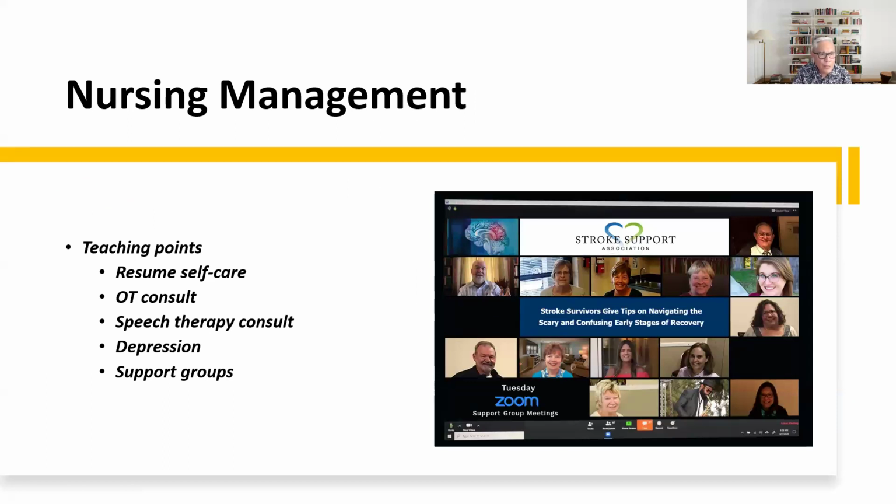So the last part is the teaching points that you have to include in your plan of care for patients who have had a stroke, and they include resuming self-care as early as possible. So we want to make sure that they do for themselves what they can do as much as possible.